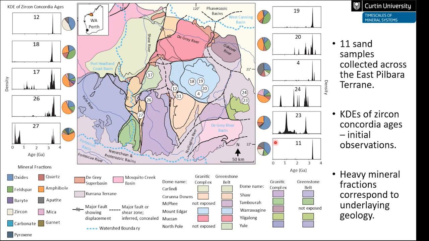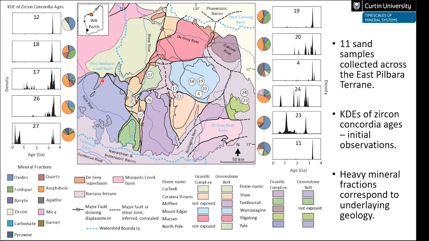And so what kind of initial observations can we make here? Well, you'll notice that sand collected directly atop granitoid domes, so for example, sample 18 and 19 here, are relatively unimodal in age component. And this age component corresponds to the crystallization age of the underlying supersuite.